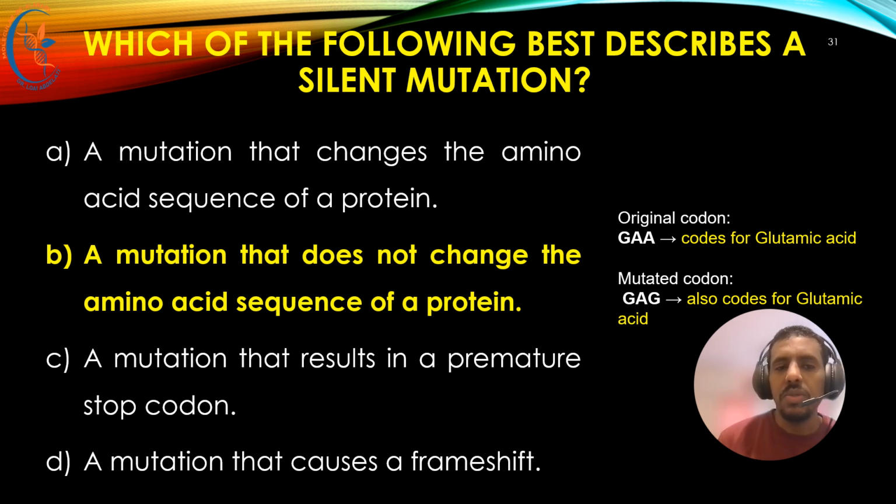This occurs due to the redundancy in the genetic code, where multiple codons can specify the same amino acid. Let's see the example here. The original codon GAA codes for glutamic acid and the mutated codon GAG also codes for glutamic acid. Since the amino acid doesn't change, there is no effect on the protein structure or function. So let's move to the next question.